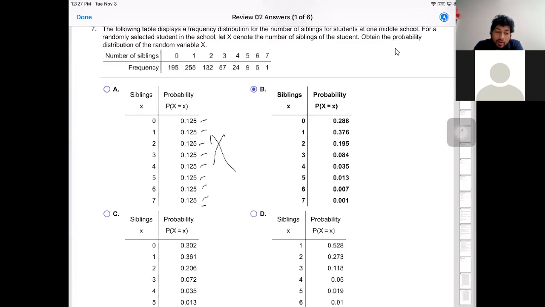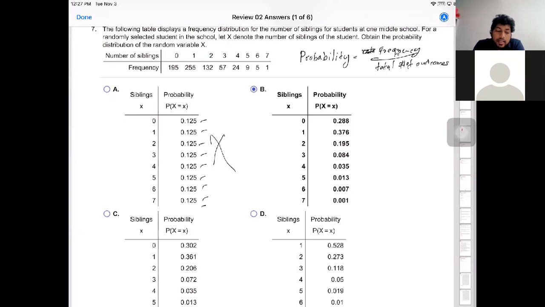Also, how do we calculate the probability? Probability is equal to the relative frequency, a frequency divided by the total number of outcomes, right? So if this frequency value increases, then the probability also increases.